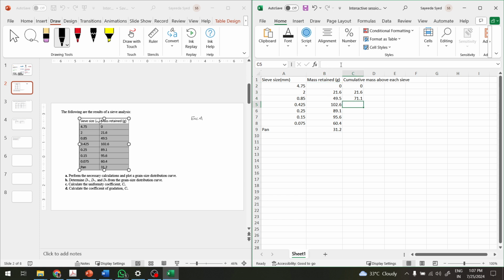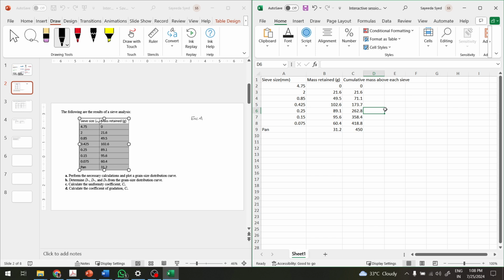So we can either write, because this is not a worksheet for Excel tutorial, let me just write the formula, and then we can drag this, and this is what we will have.